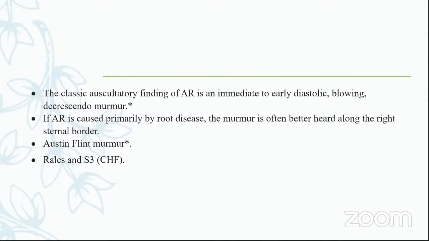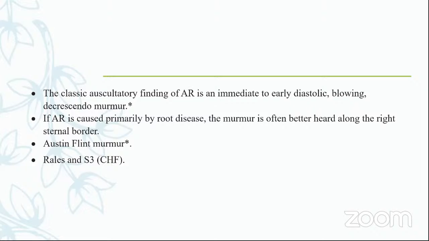There is what is called the Austin Flint murmur, in which the regurgitant jet strikes the anterior leaflet of the mitral valve, leading to premature closure of the mitral valve.